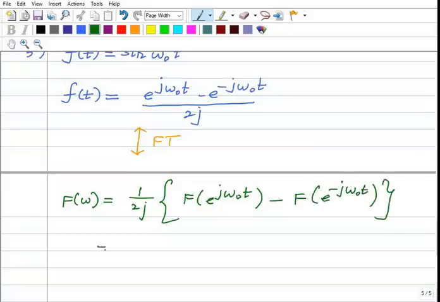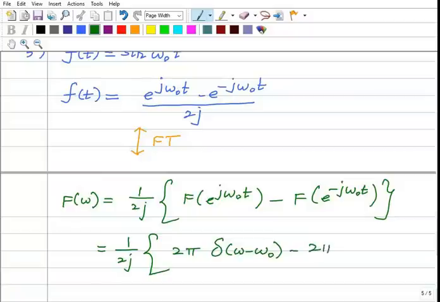Now let me substitute the results. 1 over 2j. For the first term it is 2 pi delta omega minus omega naught. Second term 2 pi delta omega plus omega naught.